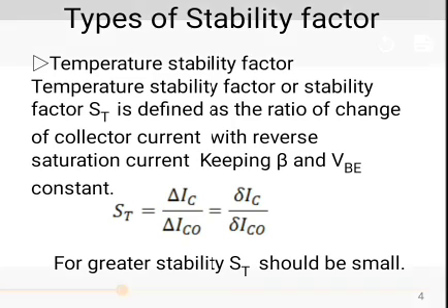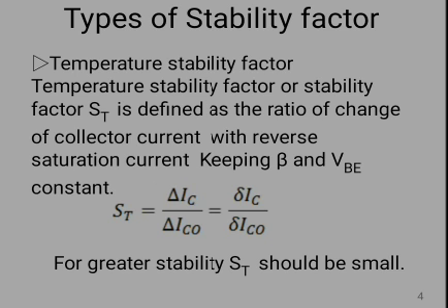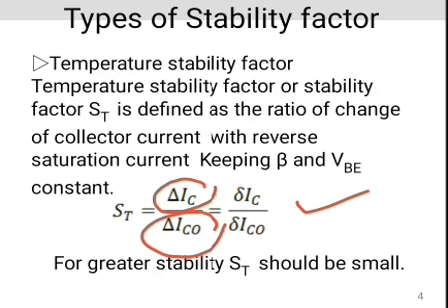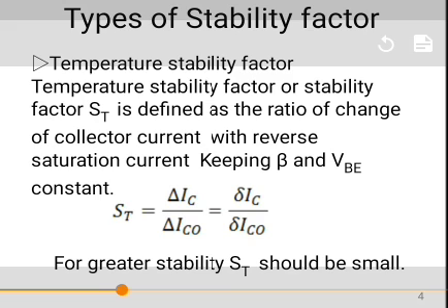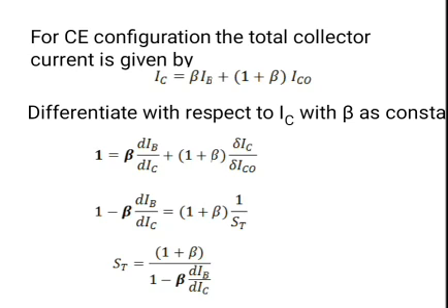That means ST, stability factor is defined as the ratio of change of collector current with reverse saturation current, keeping beta and VB constant. For greater stability, the stability factor should be small.